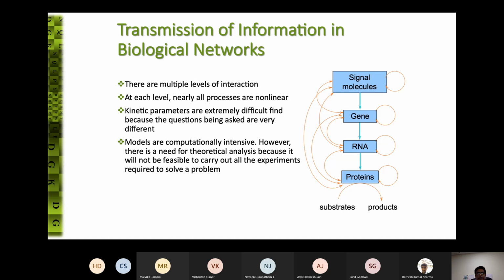You could have one layer which, although it is very refined and has a very fine resolution, you could make it grainy because at that point of time you won't want to look at the details that are there at that layer. One such example I will give you and show you how detailed it can get is when I talk about this level, which is going from the gene to the mRNA to the proteins. I'll just show you that one example in the next few slides.